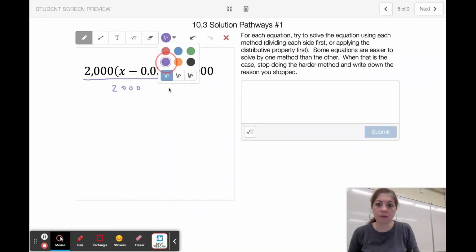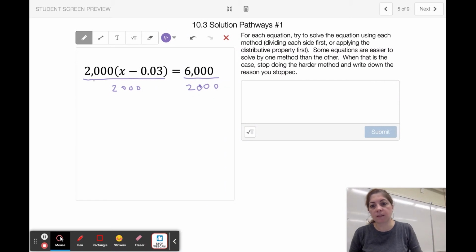You can divide by 2000 on both sides. So that is going to get rid of the 2000 being multiplied by the quantity of x minus 0.03. So that's going to be 1.